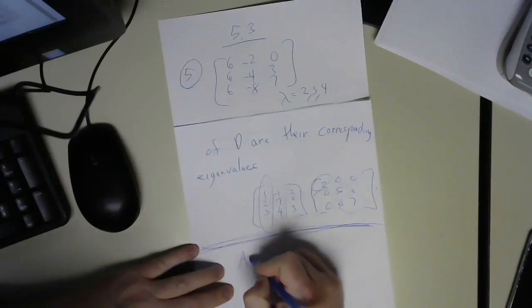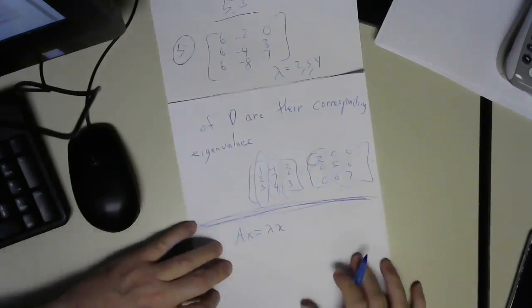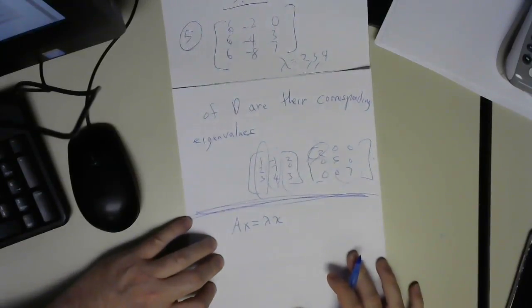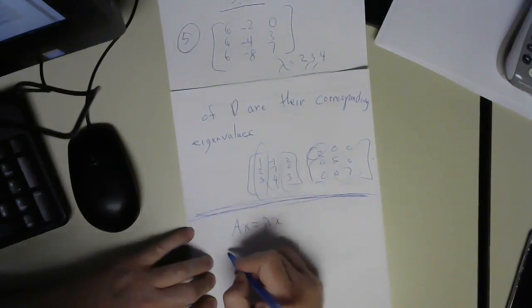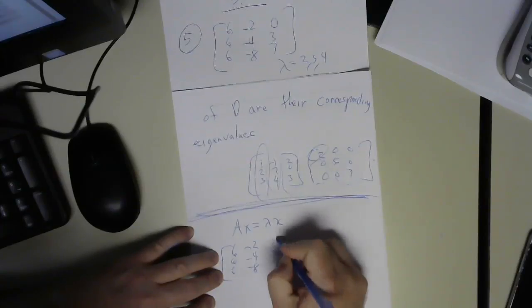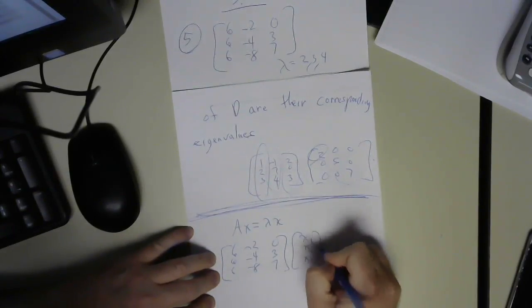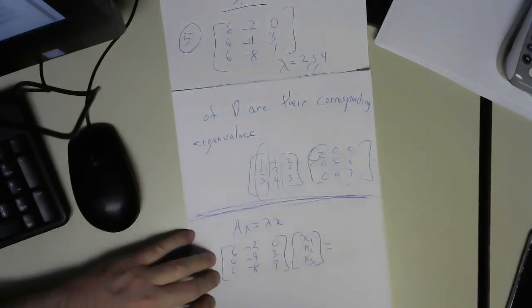So remember, in general, x is an eigenvector for the eigenvalue lambda if it satisfies this equation. Okay. So for our particular problem, A is 6, 6, -2, -4, -8, 0, 3, 7. There's x, and for lambda, let's try 2.